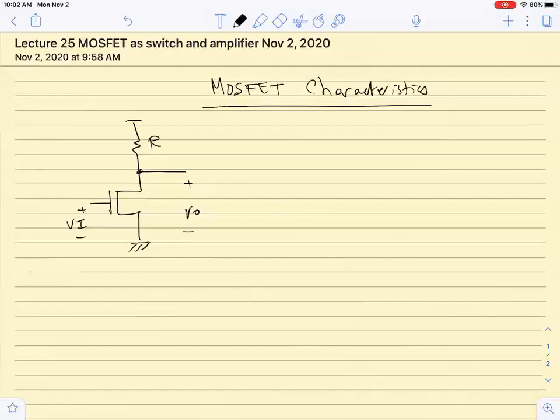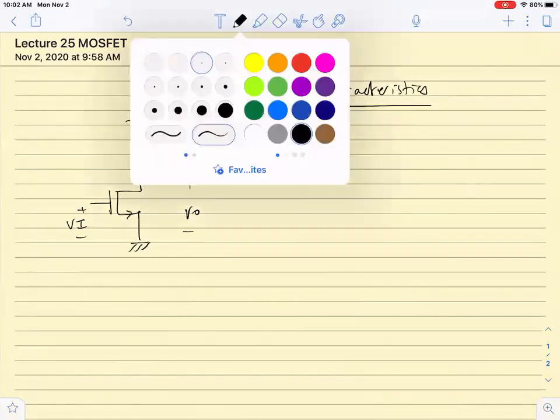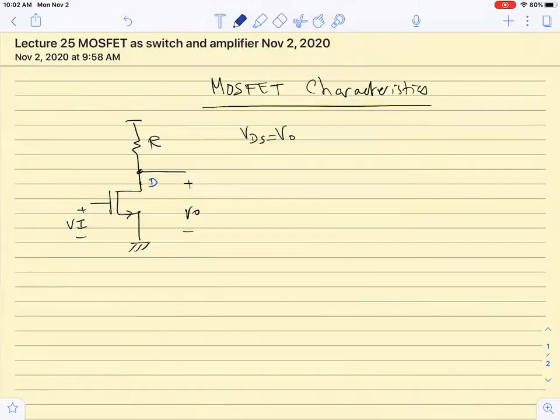We said last time that in this case for the transistor VDS is equal to VO, this is the drain, this is the source, this is the gate, and VGS is equal to VN.